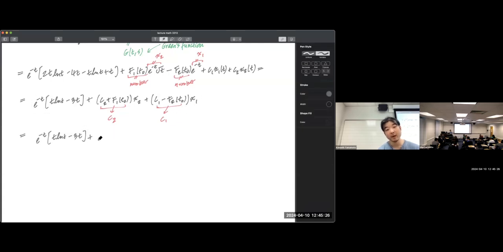Plus, I'll write the C1 first, so it'll be C1. It's just going to be this. Well, we already know what x1 is. x1 is e to the negative t. Plus c2, x2 is e to the negative t square root of t. So this is the solution. We have the same homogeneous solution.